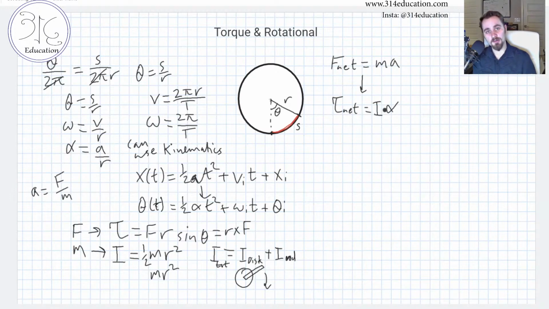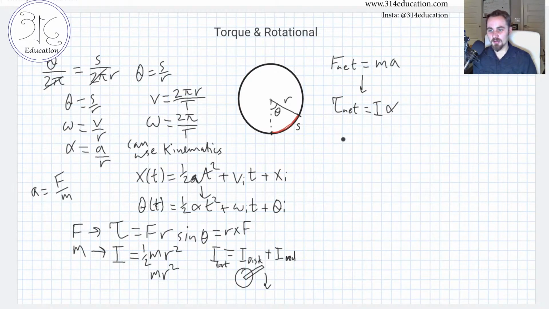And so our net torque is going to induce an angular acceleration unless this is balanced. And then that would be the case where angular acceleration goes to 0. And those are going to be like our static equilibrium problems we did in the dynamics unit, excuse me. So this is our equivalent of Newton's second law.